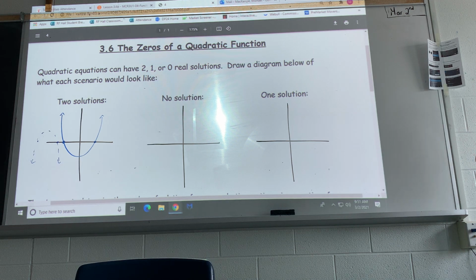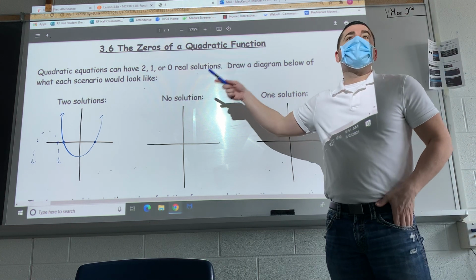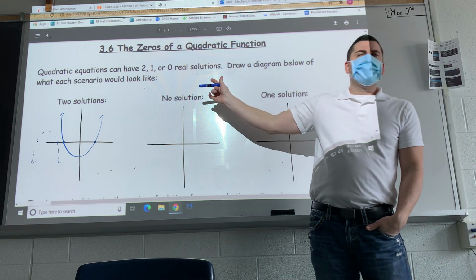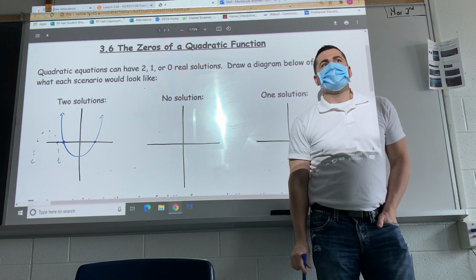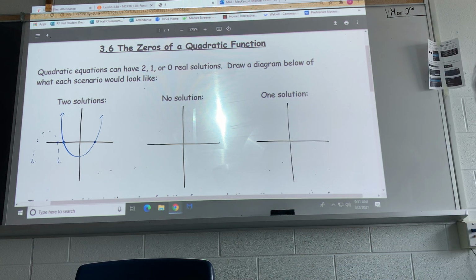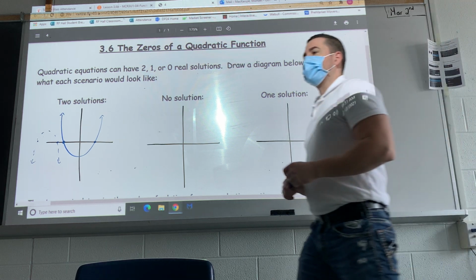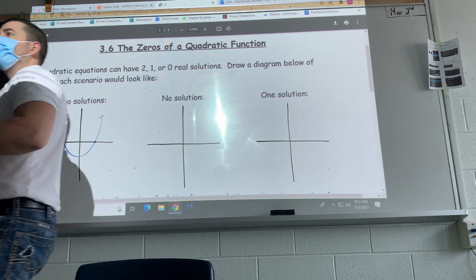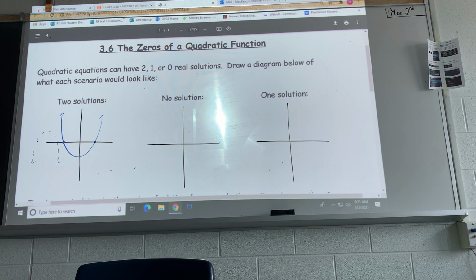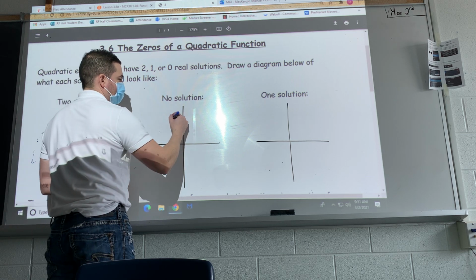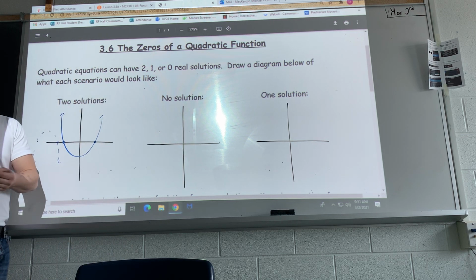Okay, there's instances where we don't have a solution. There are no x-intercepts. What would it look like if it had no x-intercepts? Where would the parabola be? If there were no x-intercepts. Right here? It would be like the one on the left is higher up on the y-axis. Okay, so yeah, so we can have it here. Well, you can have it here too. It can cross the y, it's fine.